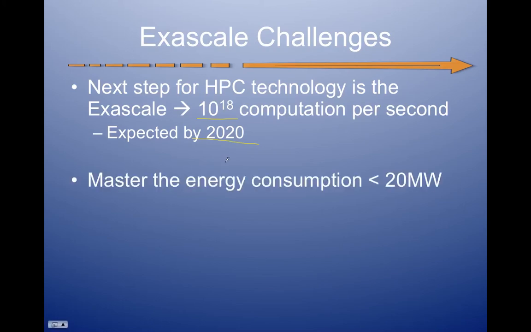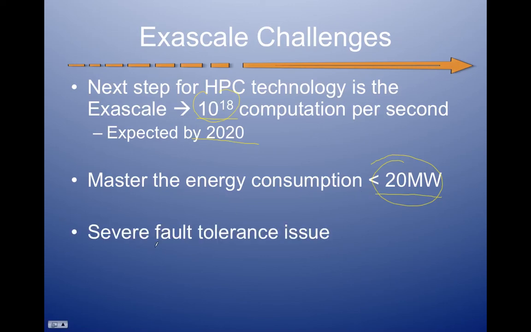To achieve that, the energy consumption is extremely important. Right now, we cannot build a computer of this power within this energy budget. It would be at least 10 times this budget. And 20 megawatts is already a huge amount of energy.